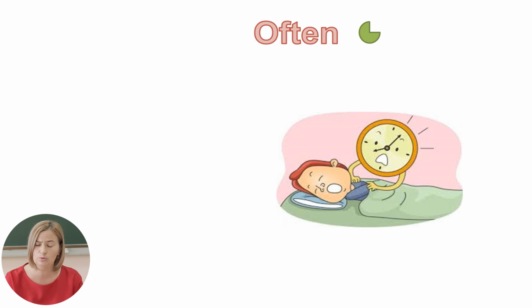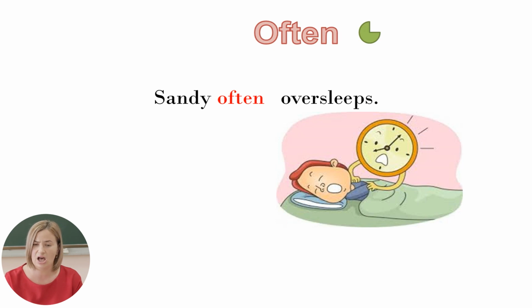The same rule is available for often. Sandy often oversleeps. Often is used in mid-position between the subject Sandy and the main verb oversleeps.